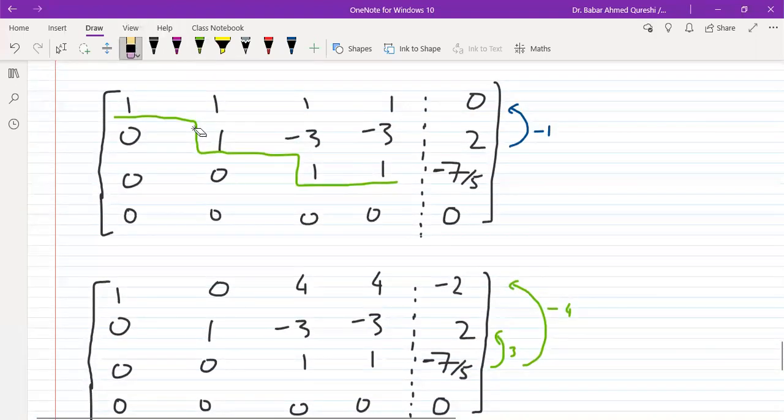So when I add -1, 3 into -3, 3 plus -3, I get a 0.